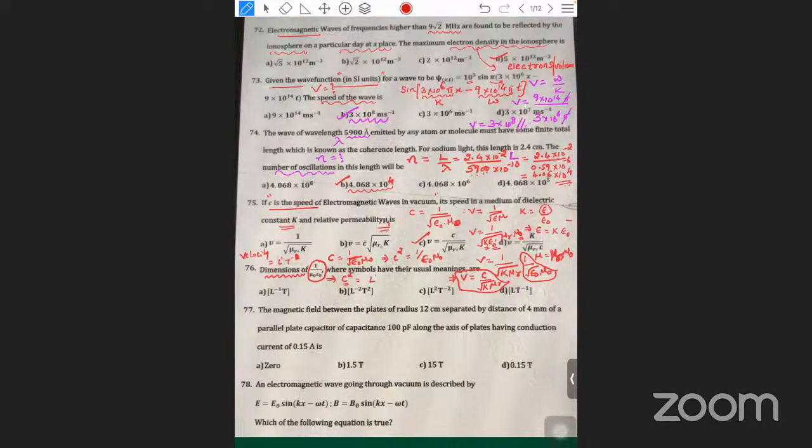So c squared means (L^1 T^-1) whole squared, that is L^2 T^-2. So the dimensional formula for c squared is L^2 T^-2, which is there in option C. Therefore, the dimensional formula for 1 by epsilon naught mu naught is L^2 T^-2.